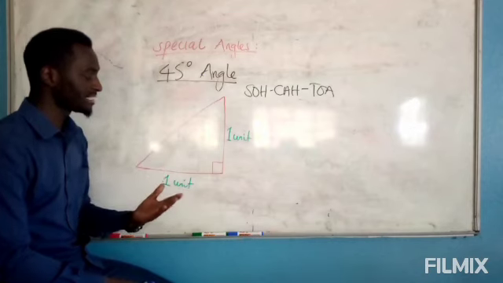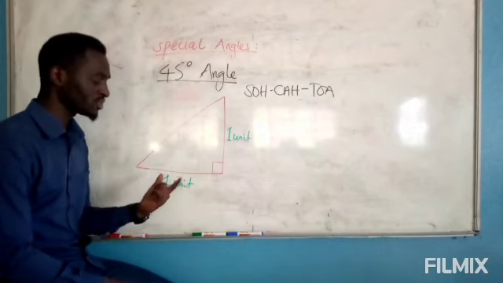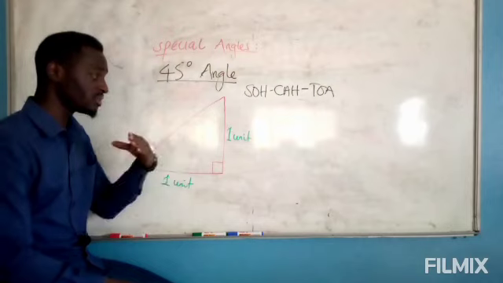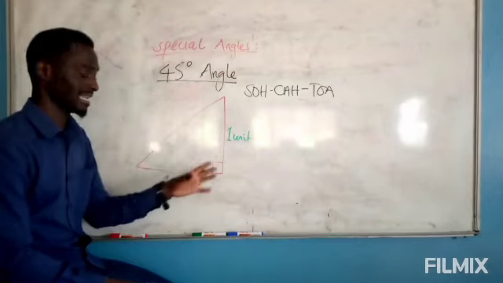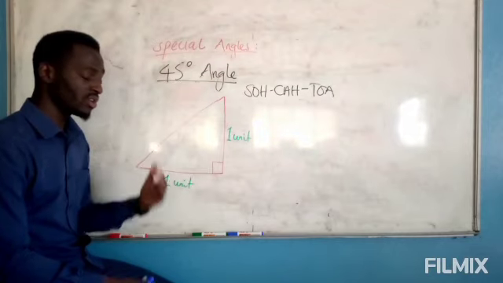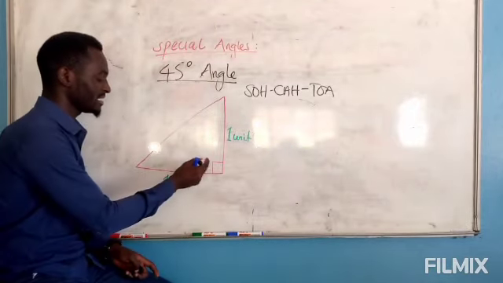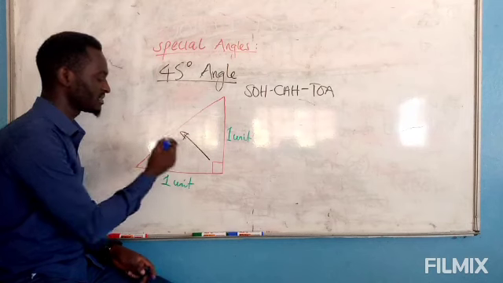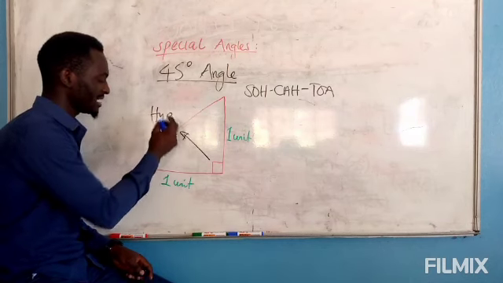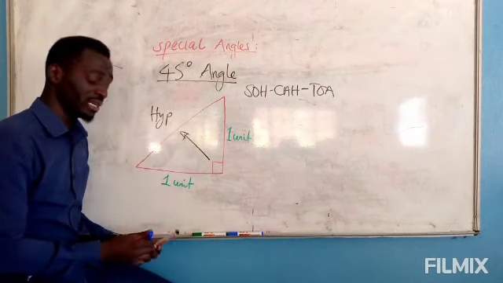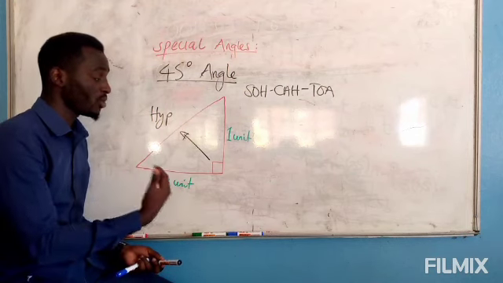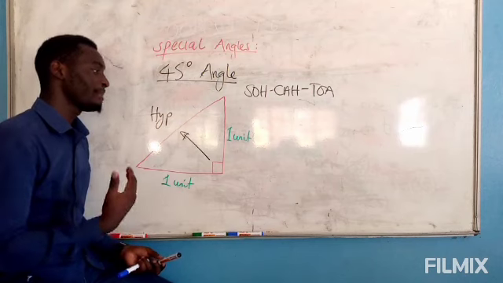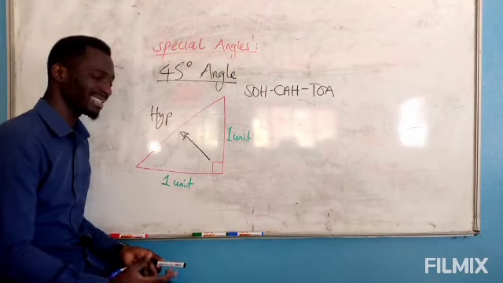Now before that, I want to remind you, in the previous video we looked at these sides and how we named them. We know that this side is exactly opposite the 90 degrees. We call this the hypotenuse. We also mentioned that the adjacent side and the opposite side depend on the angle you've been given.